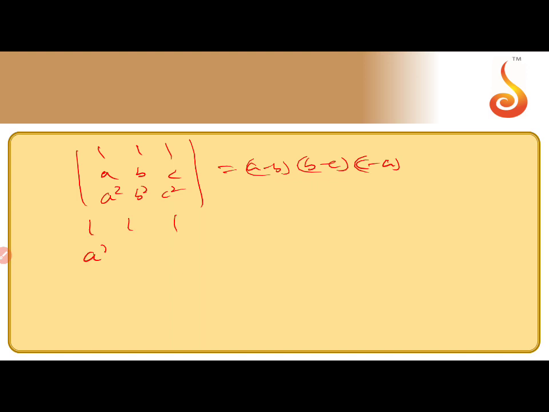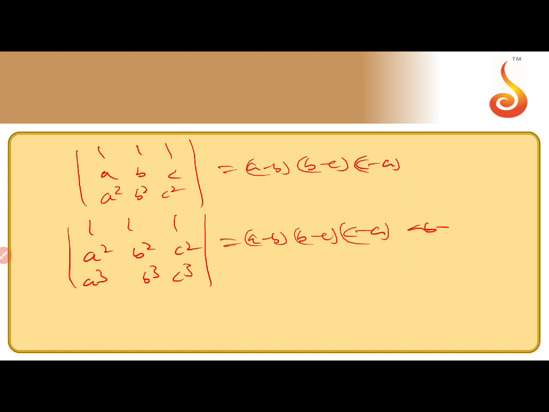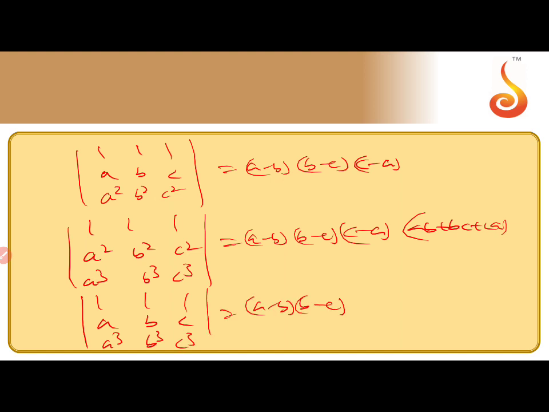If you want to recall once again: 1 1 1, a b c, a² b² c² has value (a−b)(b−c)(c−a). The determinant 1 1 1, a² b² c², a³ b³ c³ is (a−b)(b−c)(c−a)(ab+bc+ca). Now 1 1 1, a b c, a³ b³ c³ is (a−b)(b−c)(c−a)(a+b+c).